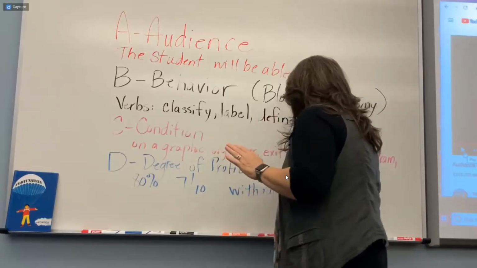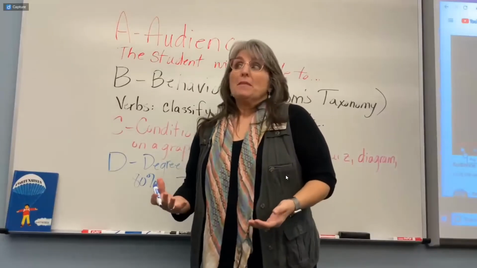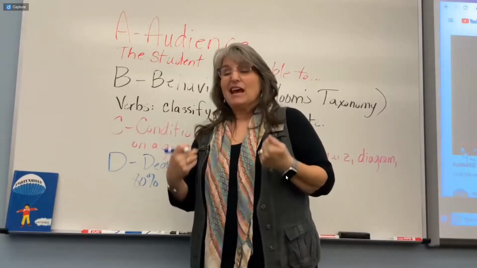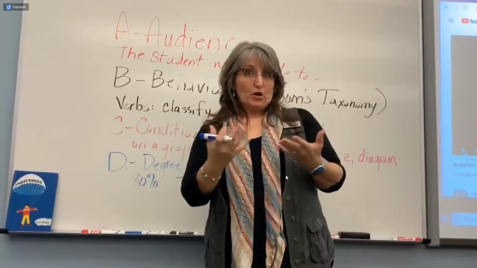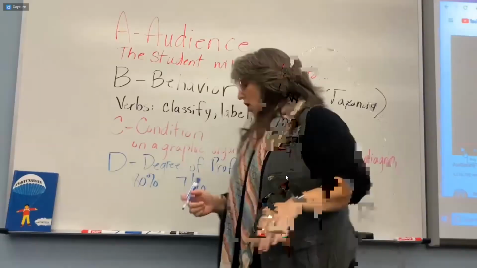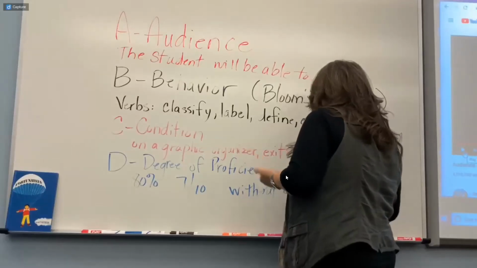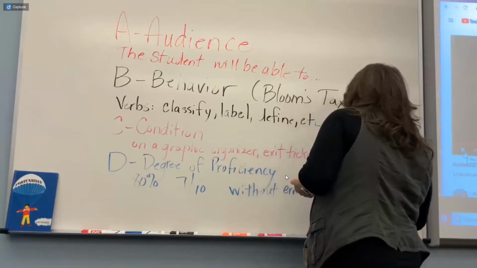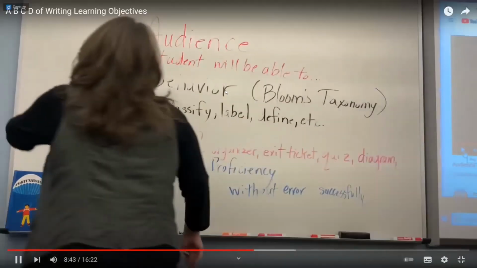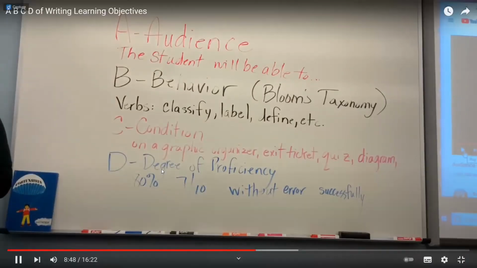But if you are only assessing maybe 3 things, then you probably would really want to say without error, because it's a very small amount of content or skills that you are assessing. Okay? You can even use the word successfully. All right. So we have our audience, our behavior, our condition, and our degree of proficiency.